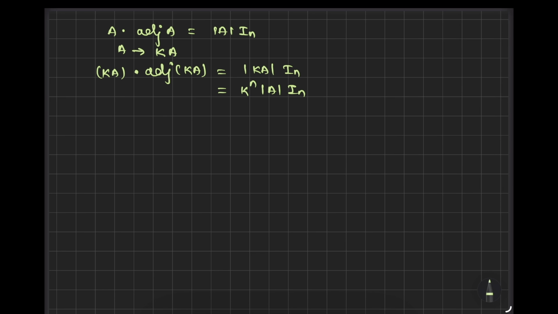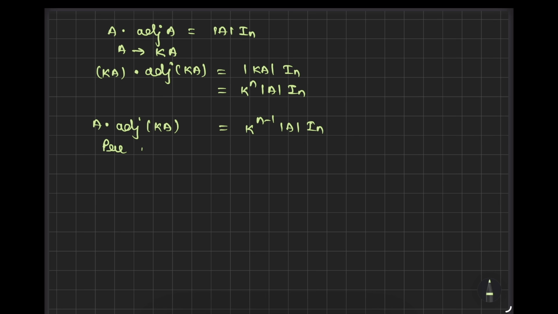Now you know that this K is a number. So this K and this thing will be eliminated, meaning we will divide both sides by K. So we will be left with K power n minus 1 determinant of A I n, and we will be left with A times adjoint of KA. Okay, now what I will be doing, I will pre-multiply with adjoint of A because this A is alone.